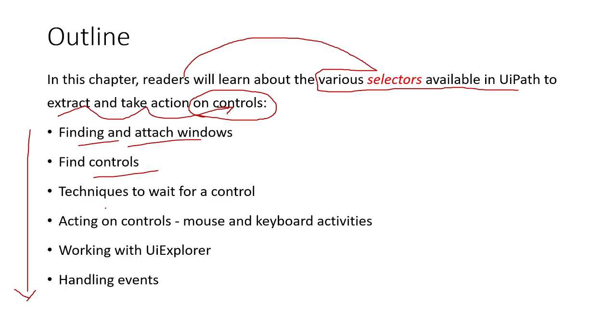Then techniques to wait for a particular control. Then acting or performing actions on controls. Then you will learn an interesting feature called UI Explorer present in UiPath Studio. Then you will learn about handling user triggered events.